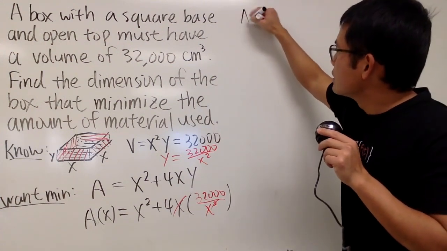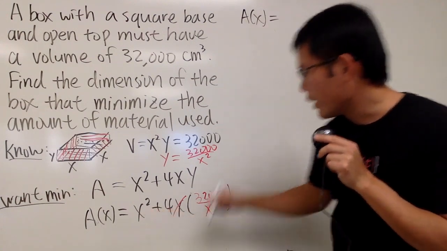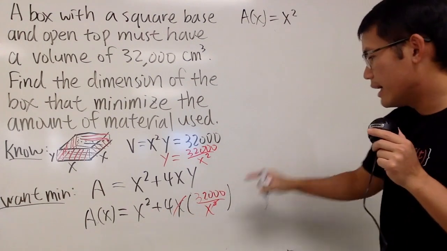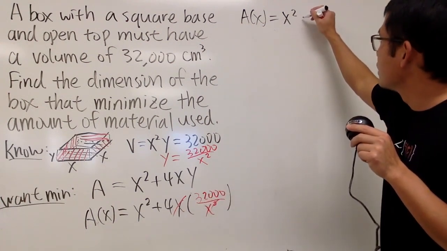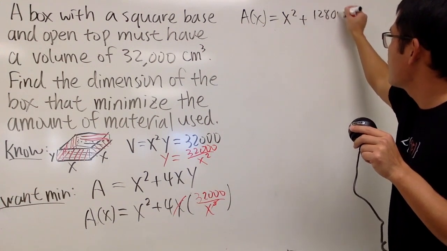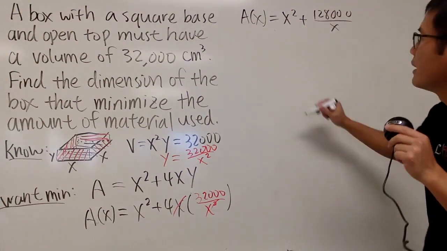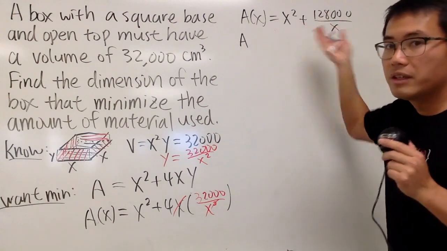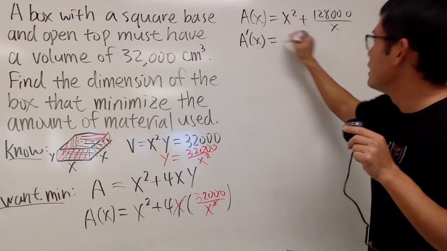All right, so our area is going to be x squared plus this times that, which is going to be 128,000 divided by x, since we have one more x on the bottom. And then, of course, we have to find the minimum of this, so let's do our derivative. A prime of x.